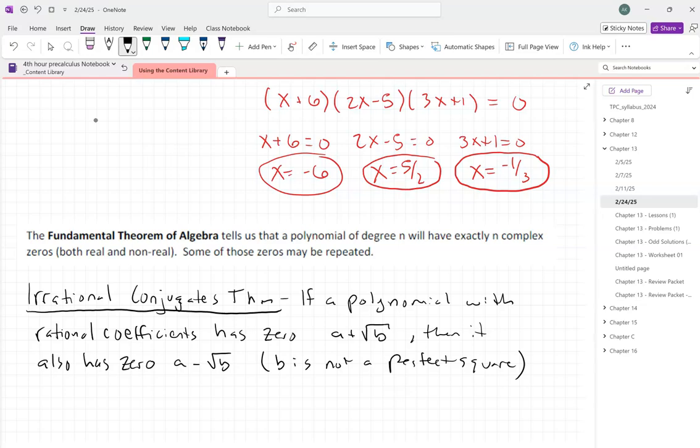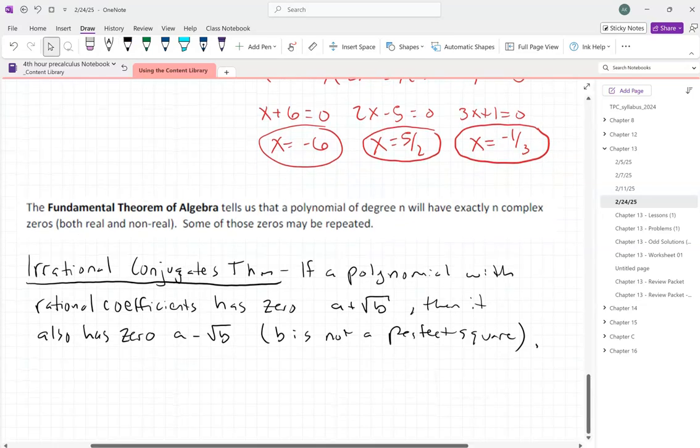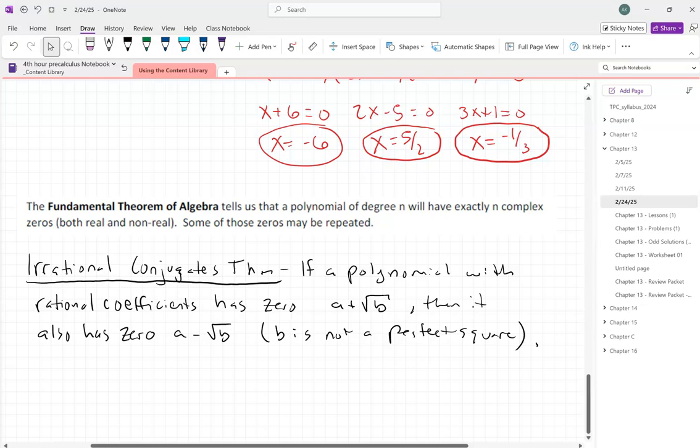So the irrational conjugates theorem says that if a polynomial with rational coefficients has the 0 a plus square root b, then it also has the 0 a minus square root b, as long as b is not a perfect square. Because if b is a perfect square, then a plus square root b is not an irrational number, right?